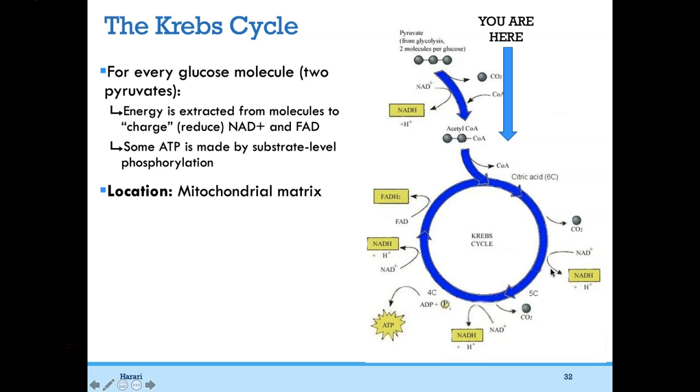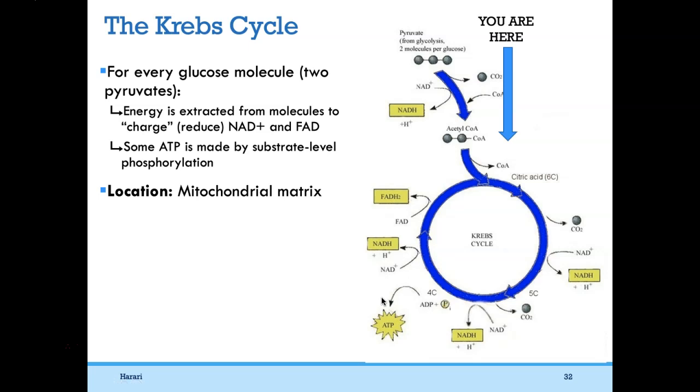And we can then use those molecules to make lots of ATP in the last step. We also make a little bit of ATP in the Krebs cycle by substrate level phosphorylation, meaning an enzyme adds a phosphate to ADP to make some ATP.